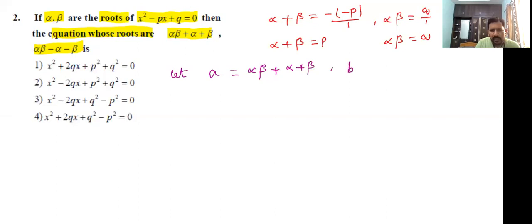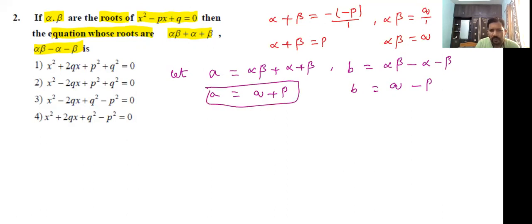Another root, b, is alpha beta minus alpha minus beta. What is the alpha beta plus alpha value? q plus alpha plus beta, p. This is a. For b, alpha beta is q, minus alpha minus beta; take minus common, you get minus of alpha plus beta. That value is p. These are the new roots.